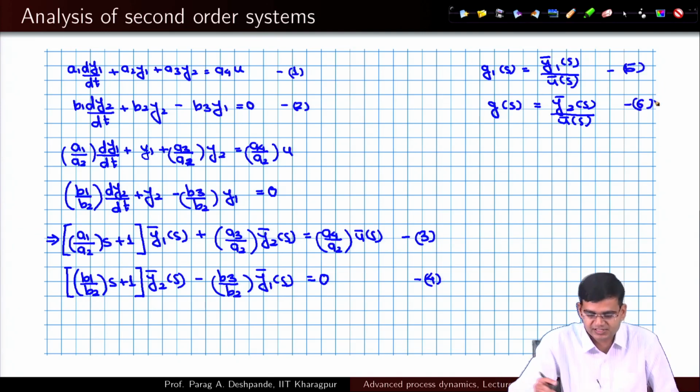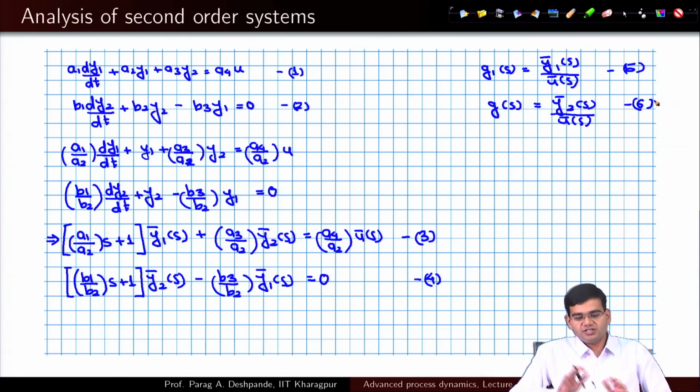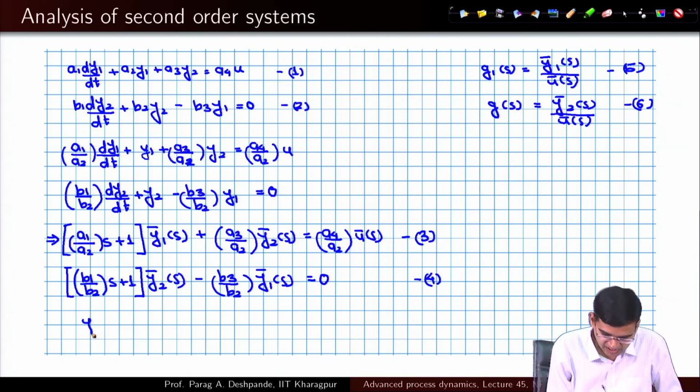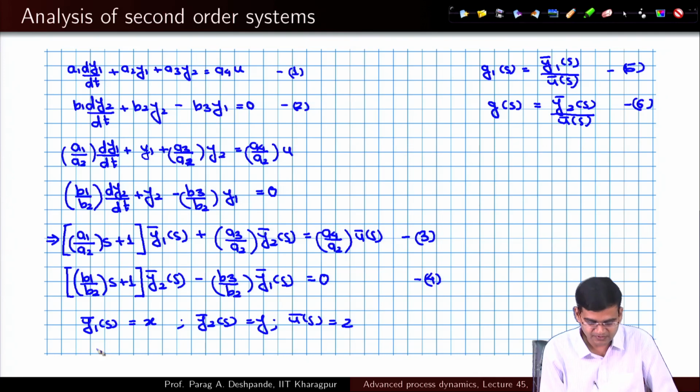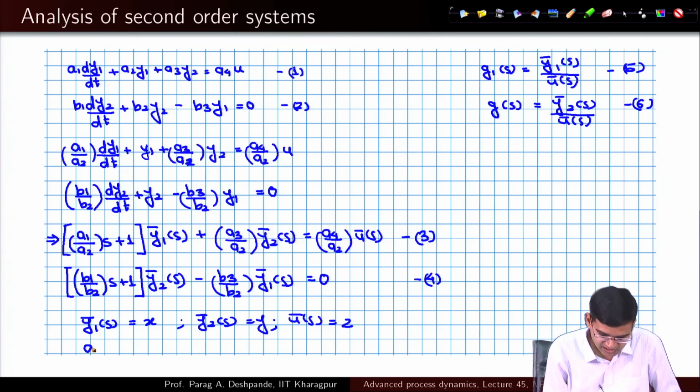Let me repeat what I just said. If I write y1 bar of S as x, y2 bar of S as y, and u bar of S as z, then I have equations of the form A x plus b y is equal to c z and d x minus e y is equal to 0.